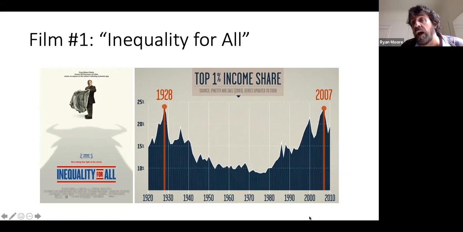And then there was the crash that followed right after that, in many ways as a result of the fact that there was so much inequality that working class people didn't have the income to purchase the things that were for sale in the economy. So there's this big crash in 1929, and then a Great Depression follows.